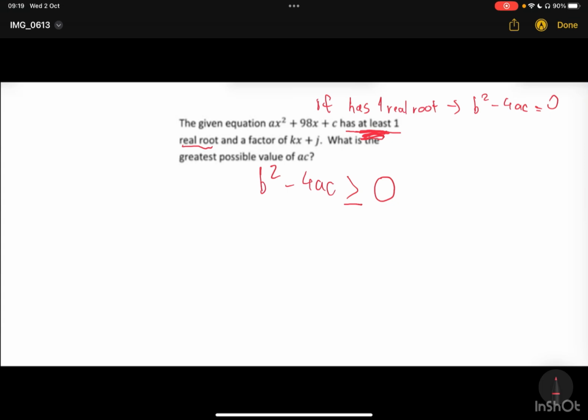Factor of kx plus j. We'll plug in b: 98 squared minus 4ac is greater than or equal to 0. Negative 4ac is greater than or equal to negative 98 squared. 98 squared equals 9,604.